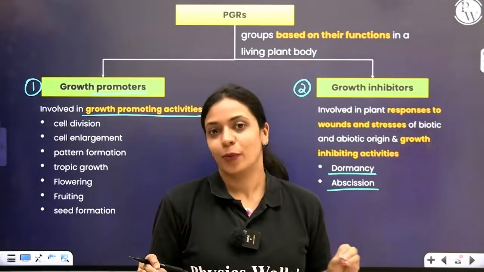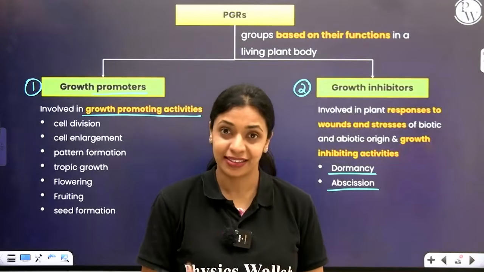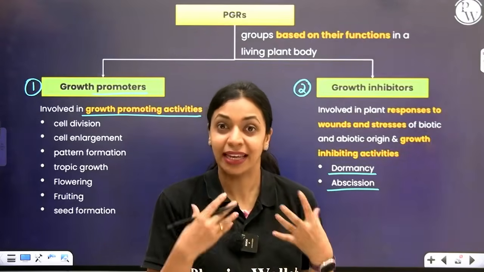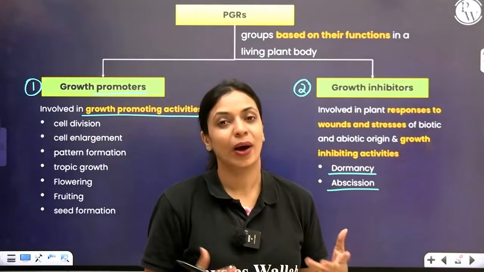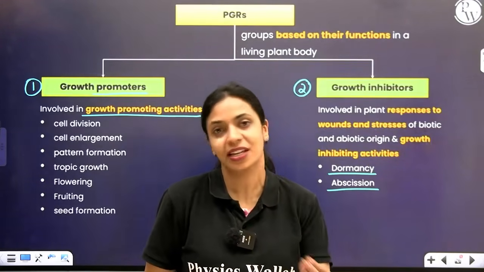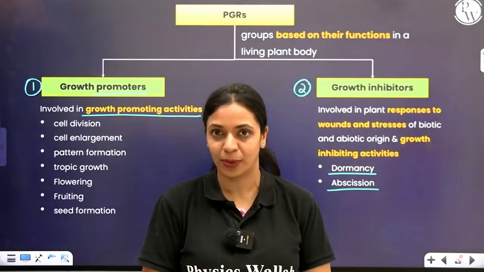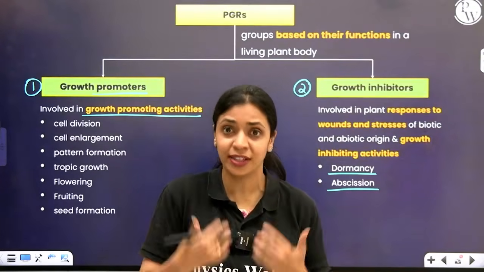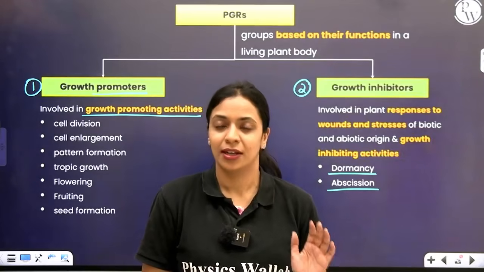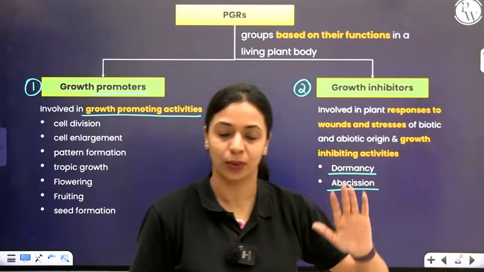So you might be wondering, why do plants produce chemicals that inhibit the growth of the plant? Why should a plant produce a chemical that will inhibit seed germination? If seed germination doesn't happen, then the next generation of plants will not be produced. Why would a plant not want its next generation to be formed? I'll tell you when these plant growth inhibitors function.